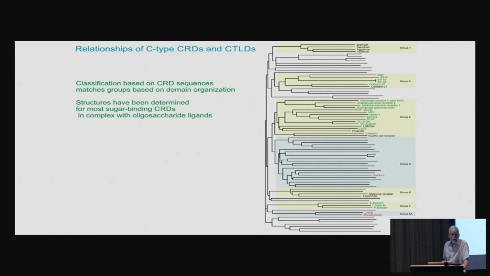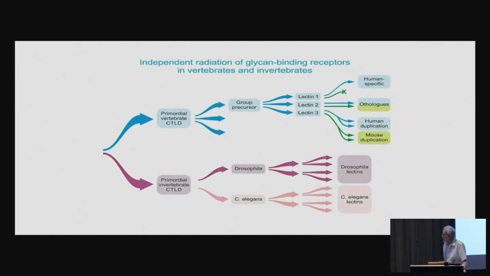I won't go into a huge number of details about this, but I do want to emphasize two things about the evolution. One is something you've already heard about, which is the fact that these invertebrate organisms are very different to vertebrates. And this is true within the C-type lectin family.